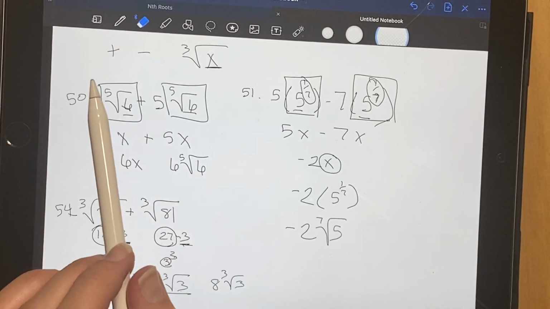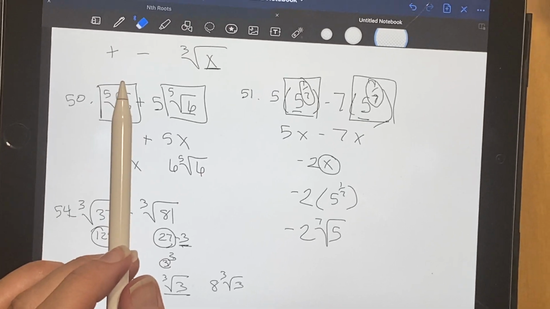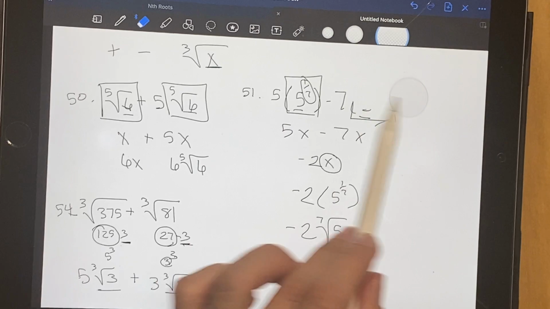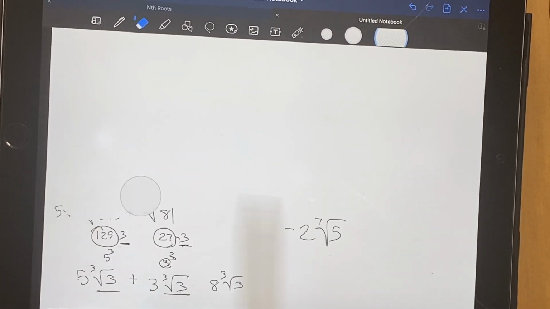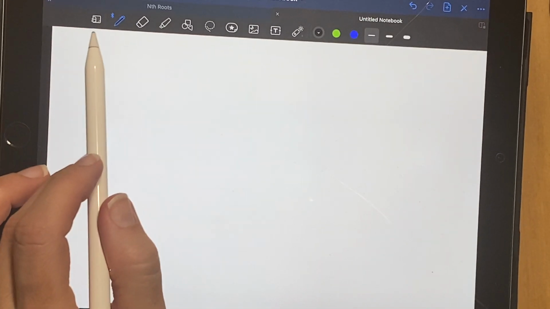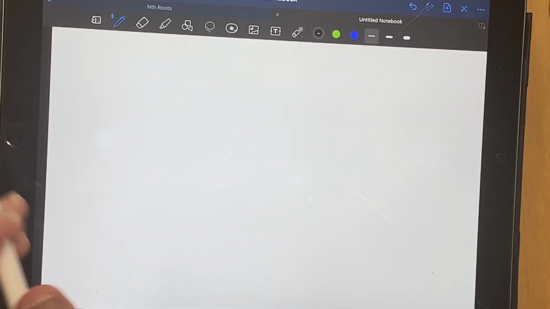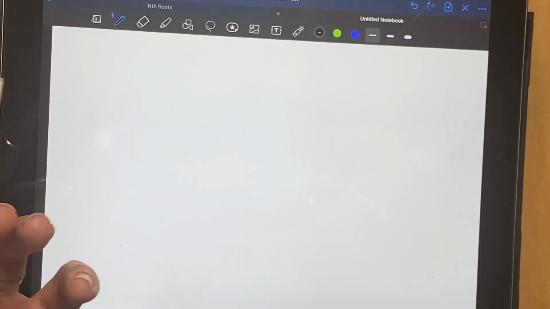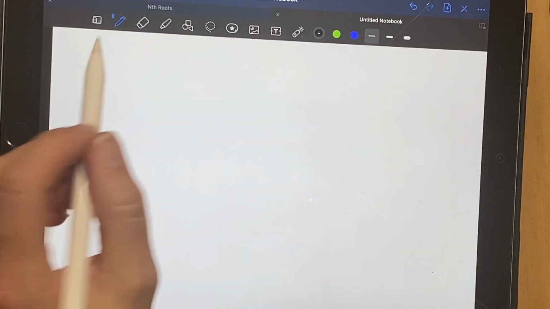Okay, let's see. For your homework, for 56 through 67, we're simply replacing our base numbers with variables. Variables work exactly the same as base numbers, except that we don't actually end up with a real number answer in the end.